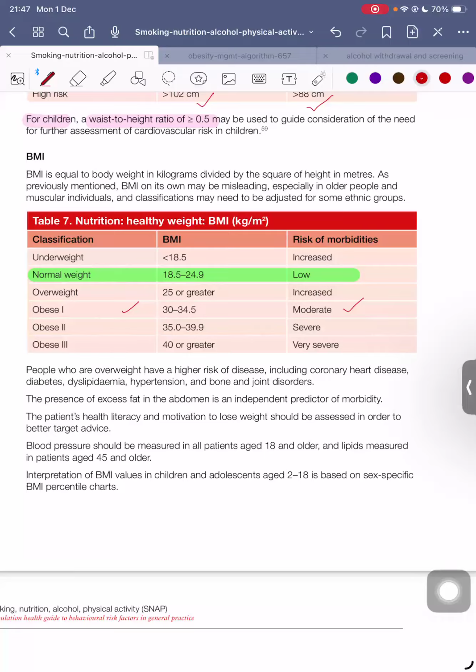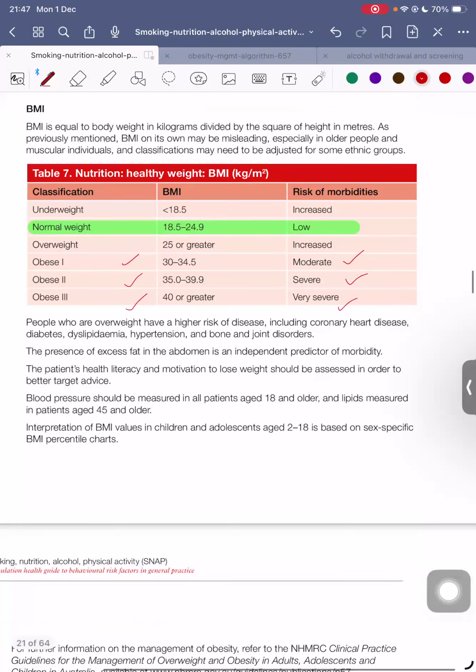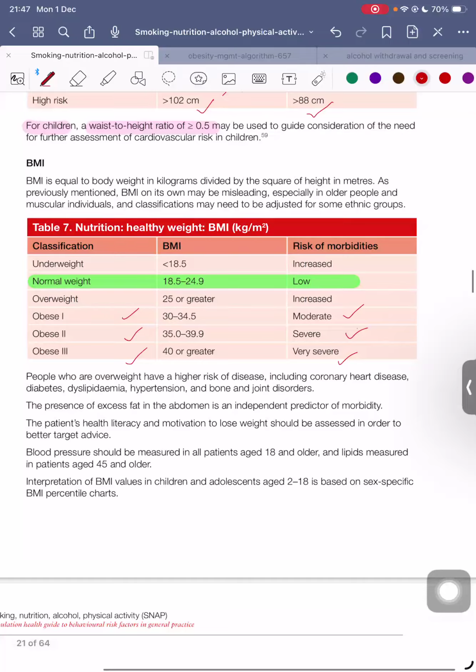If BMI is 35 to 39.9, that means obesity class 2, with severe morbidities. If the patient has BMI of 40 or more, that means obese class 3, very severe risk for morbidities. Please remember these things.